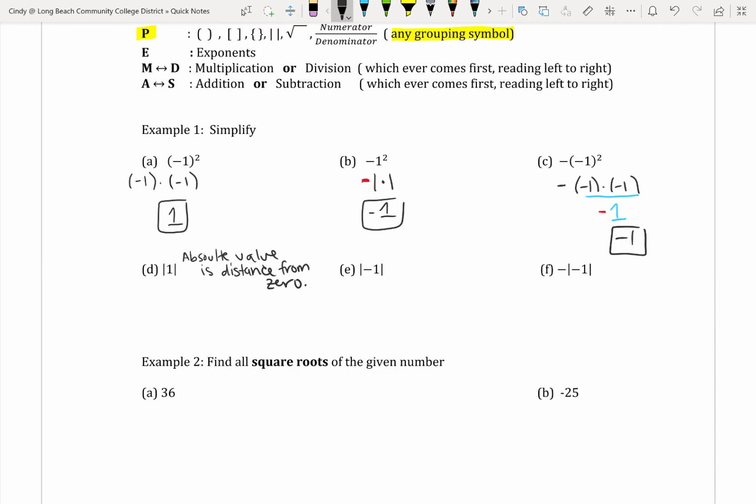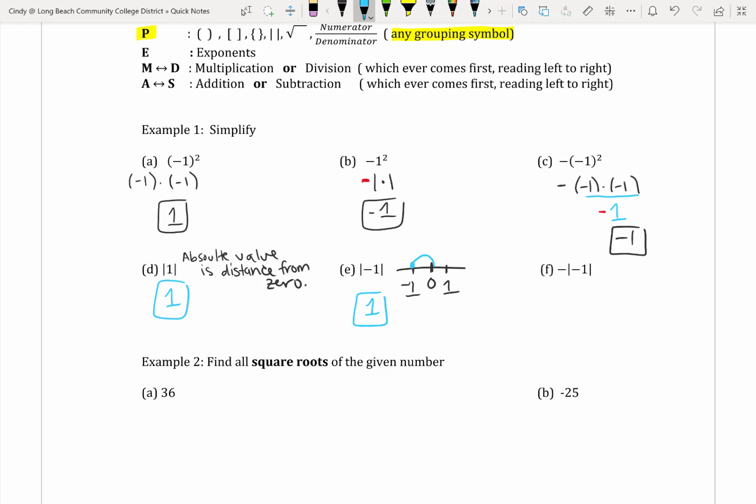So my answer here is going to be +1. Here, -1, if I'm thinking about it on the number line, here's 0, here's -1, here's +1. Well, I know that -1, the distance from 0 is just 1.